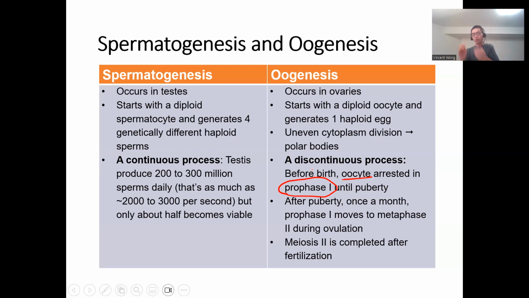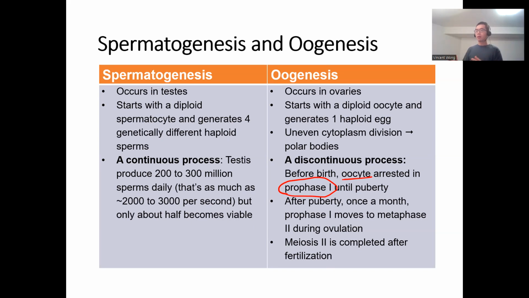There is some exchange of genetic information, and it stays suspended in prophase 1 until puberty. Once puberty occurs, every month one egg will be chosen, and it will continue meiosis from prophase 1 all the way to metaphase 2. Then it stops there, and the process finishes when fertilization occurs.